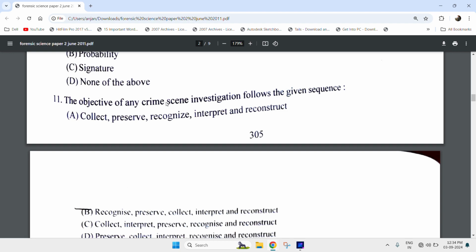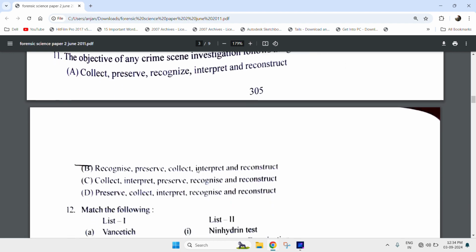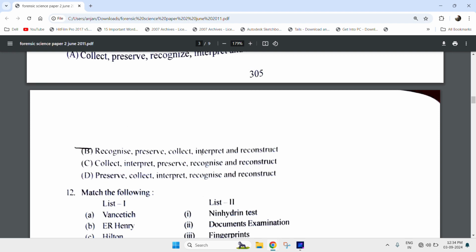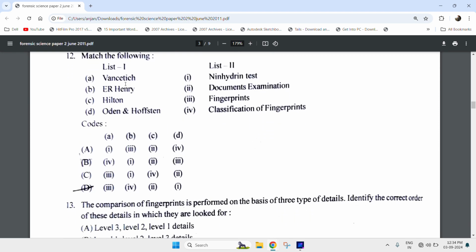The objects of any crime scene investigation follow the given sequence: recognize, preserve, collect, interpret, and reconstruction. Match the following: Fingerprint, E. R. Henry. Classification of fingerprint, Hilton.